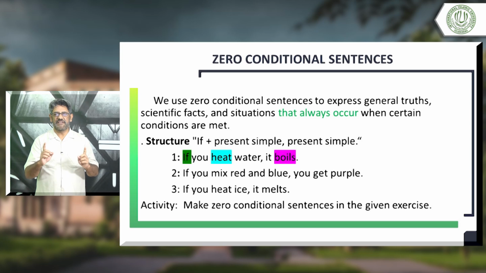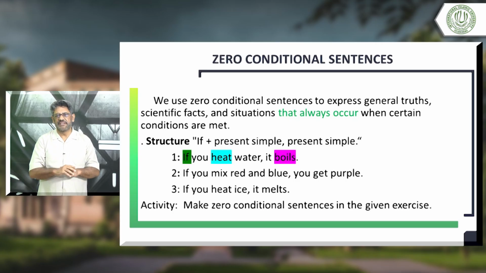Structure: first part of the sentence, if plus present simple, comma, present simple again. Look, if you heat water, it boils. In the first part of the sentence, you can recognize it from the color, the green and the other color. If you heat water, it boils.